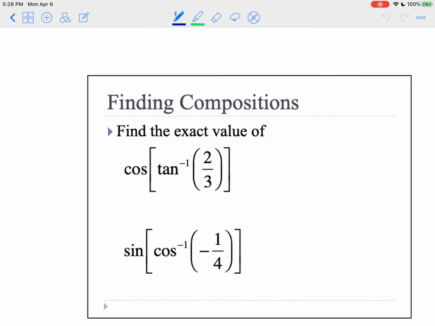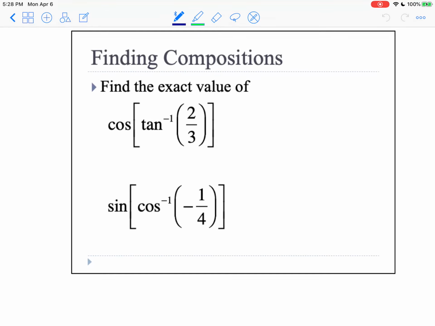We're going to find the exact value of cosine of tan inverse of 2 over 3. If we think about what's happening here, tan inverse is going to give me an angle, and then cosine of that angle should give me a value.